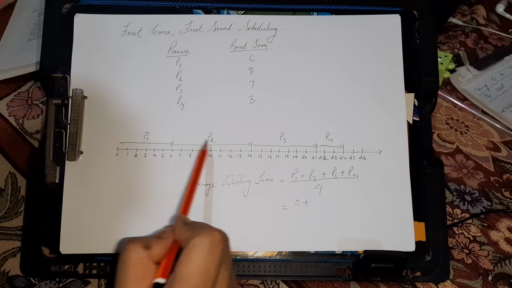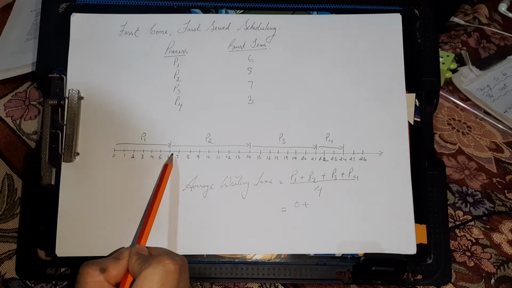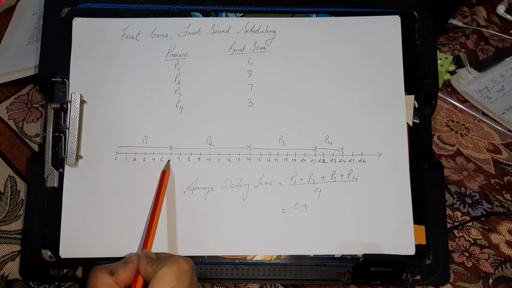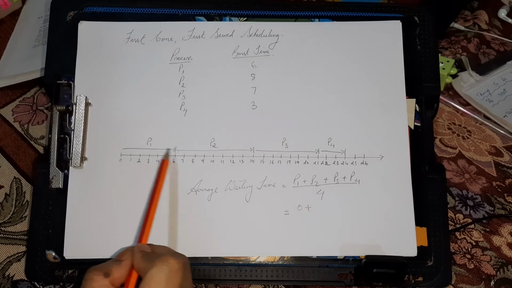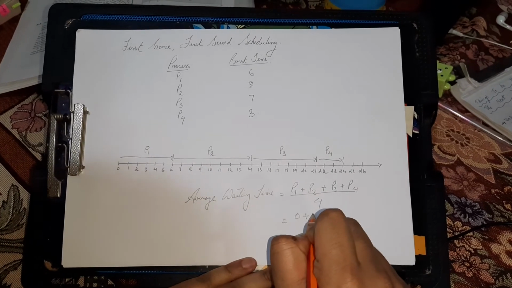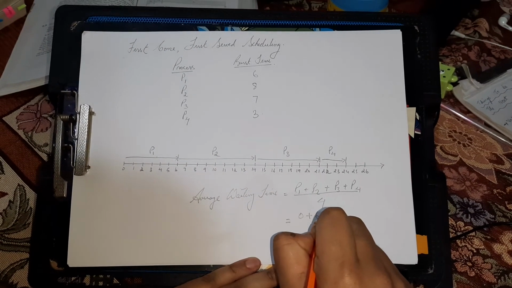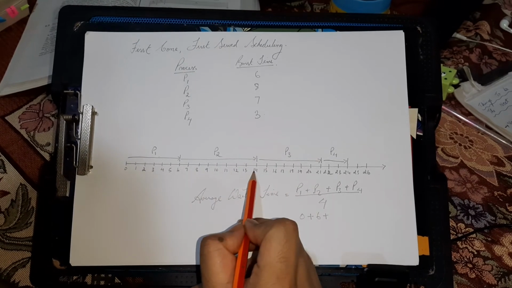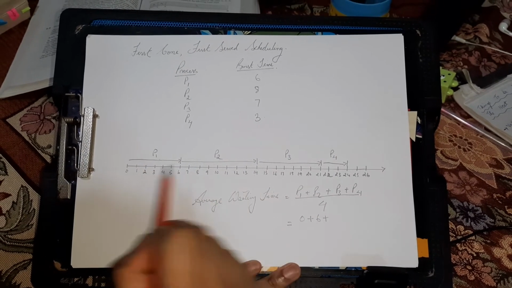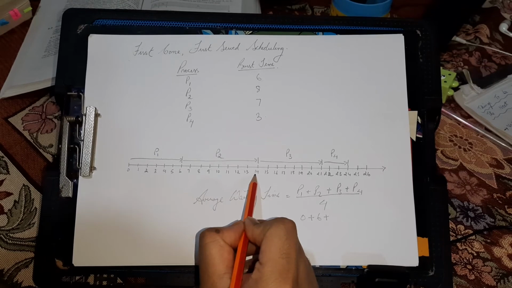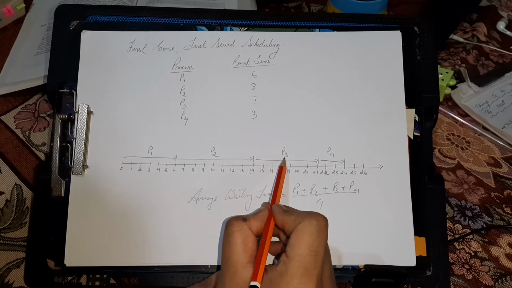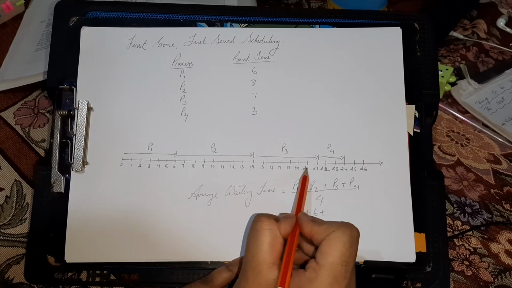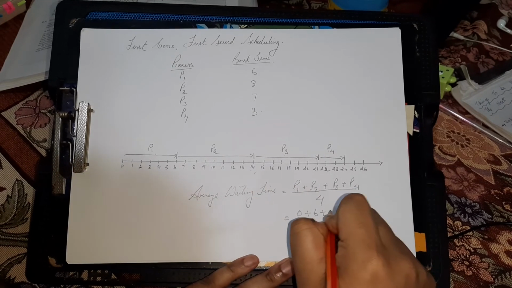P2 in this case had to wait 6 milliseconds, until P1 finishes execution, for it to get the CPU. So its waiting time is 6. P3 had to wait 14 milliseconds. It is not until 14 that P3 got to execute. So we will write 14.